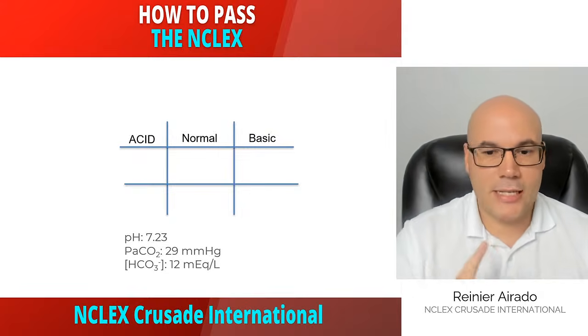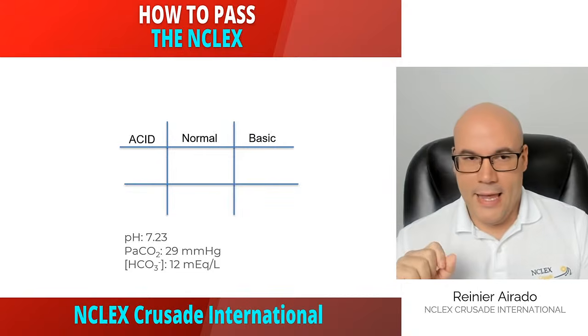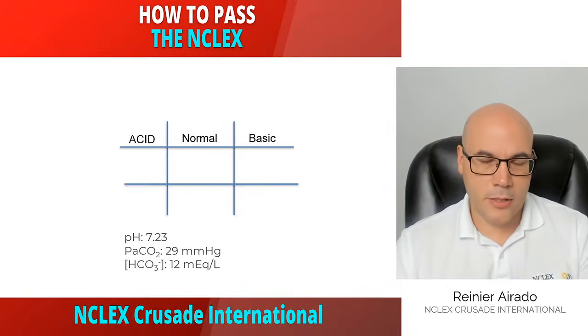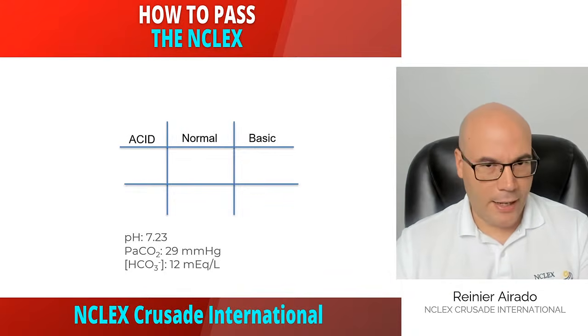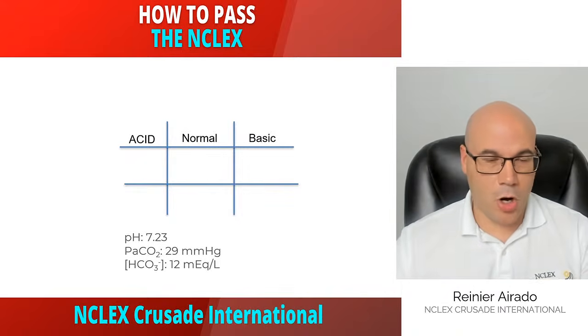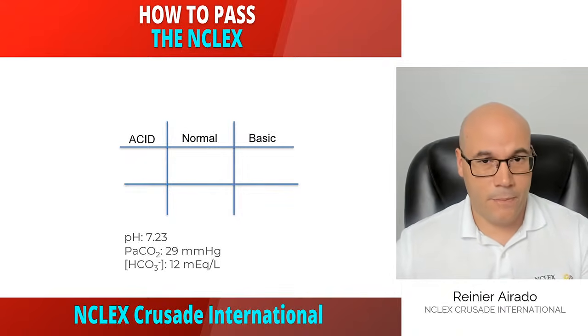Let me discuss something with you. In different bibliographies, in different nursing books, I have seen some discrepancies on lab values, not only on arterial blood gas interpretation, but other lab values in general.